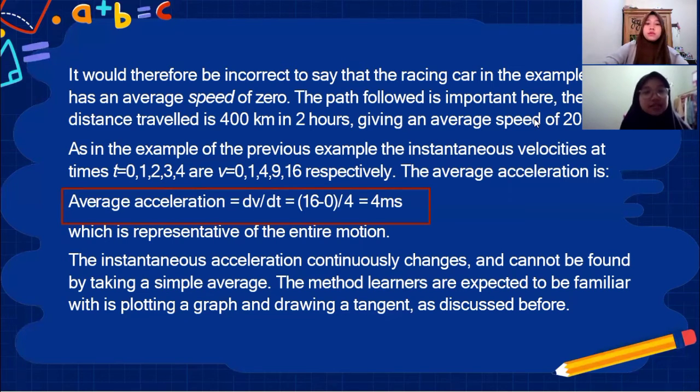This is 16 less 0 over 4. So we get 4 meters per second squared, which is representative of the entire motion. The instantaneous acceleration continuously changes and cannot be found by taking a simple average. Learners are expected to be familiar with plotting graphs and drawing tangents, as we discussed before.